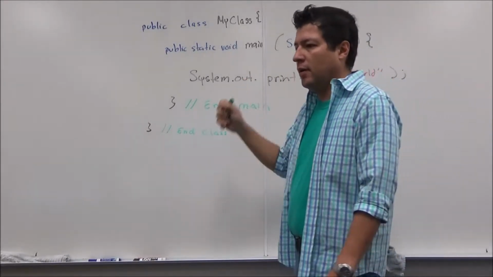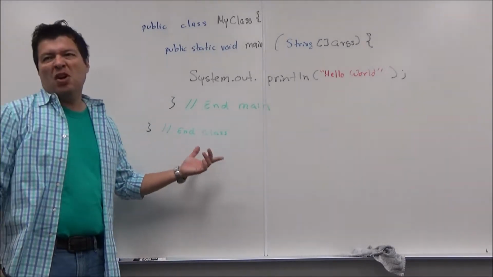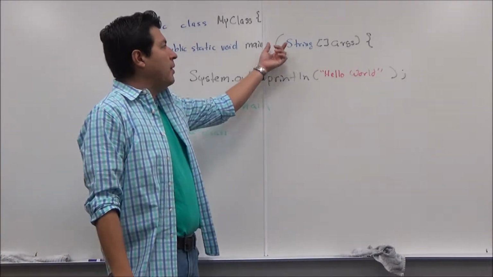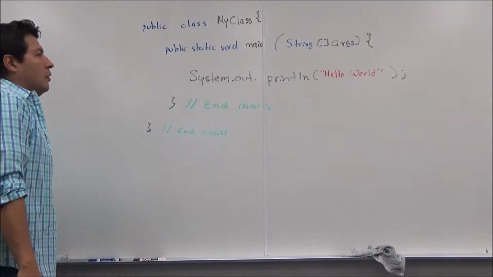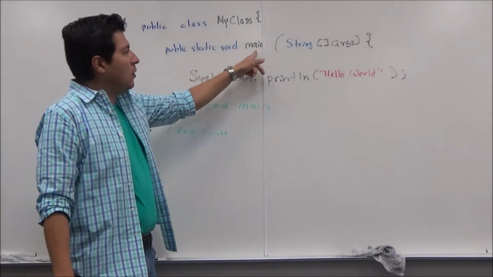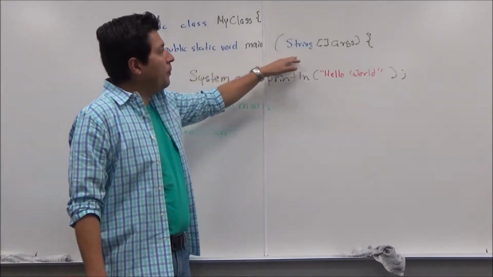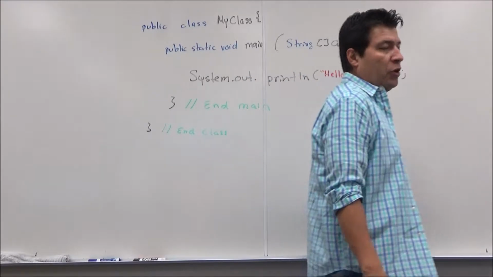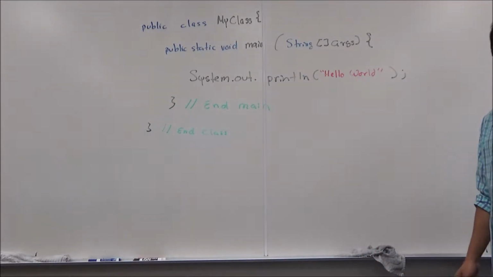Remember? Arguments or parameters. There might be none, but still a method will have parentheses, right? So we know this is a method called main. This is the point of entry, and it has a set of parameters that we're not using yet. We're going to talk about those maybe around the midterm.